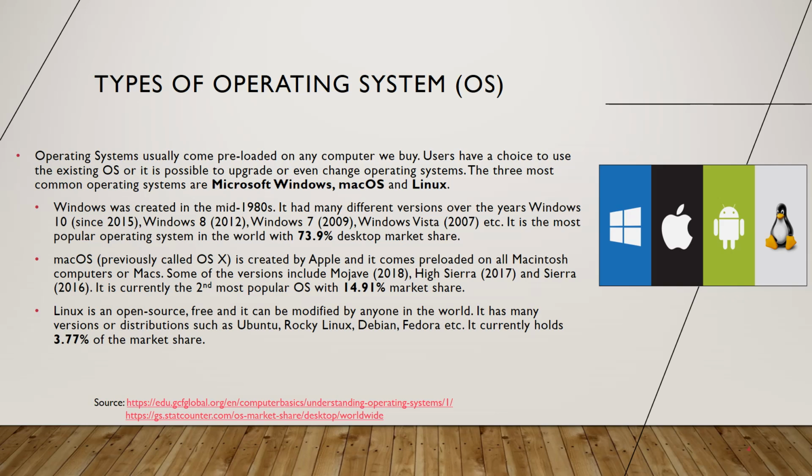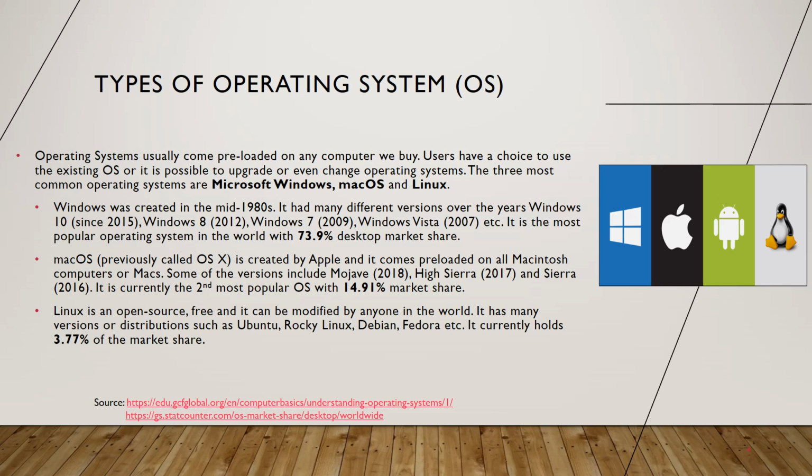Windows was created in the mid 1980s. It had many different versions over the years. Windows 10, which is one of the most recent versions, was introduced in 2015. Currently, I am using the Windows 10 Home version. Windows 8 was introduced in 2012. Windows 7, most of us used Windows 7 when we were students.